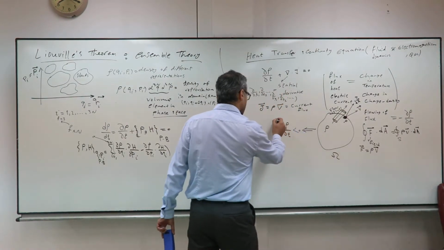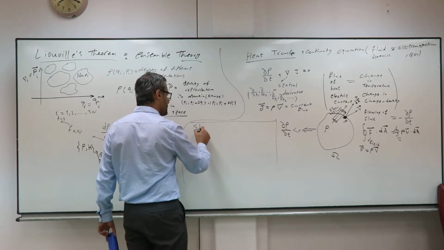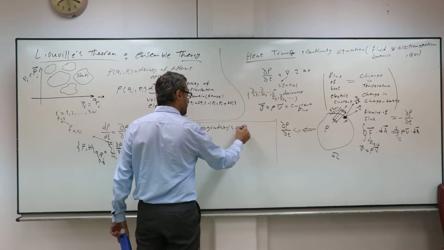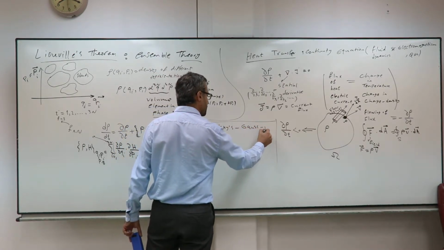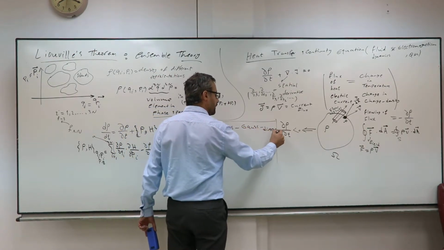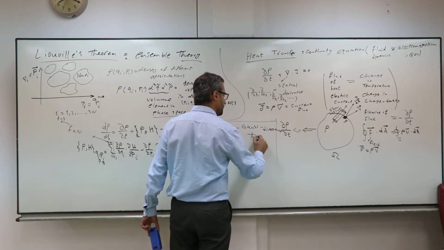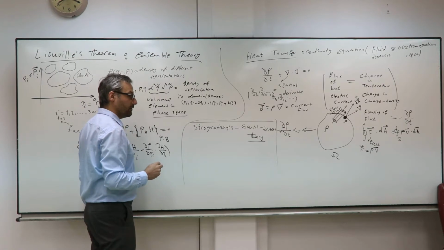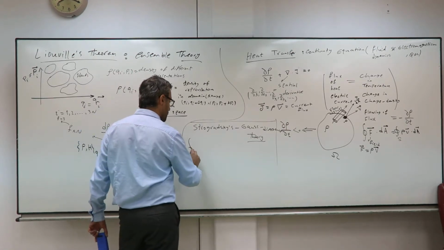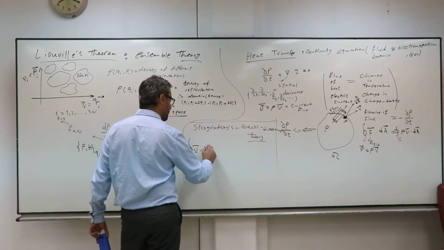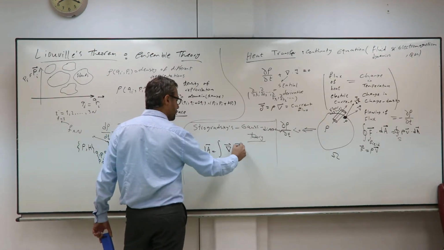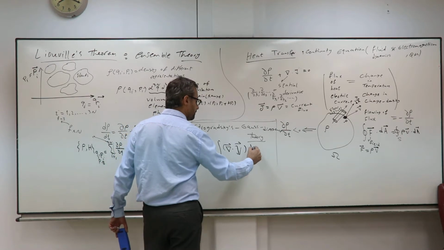So we have a theorem, Ostrogradsky-Gauss divergence theorem. You need to know this from the mathematical methods of physics or any other place. You know that the integral of V dot dA over the surface is the integral of the divergence of this vector over the volume.